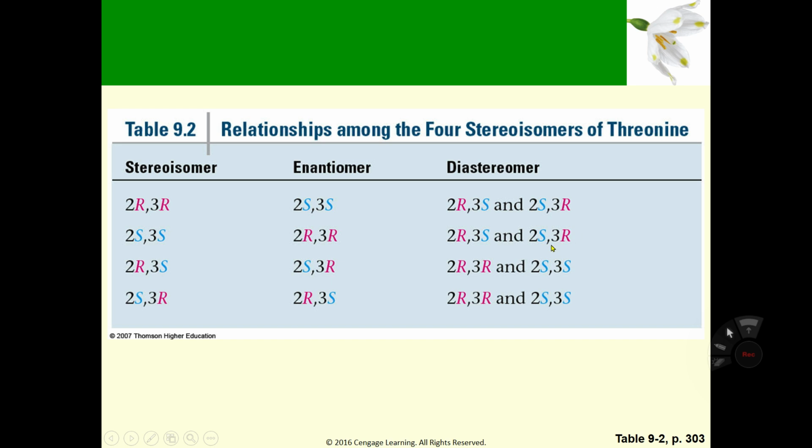And the other two isomers will be in a diastereomer relationship. Okay? The rest of them are the same thing, right? We can apply the same concept to the other isomers. And we can clearly distinguish an enantiomeric relationship from a diastereomeric relationship for the threonine amino acid.